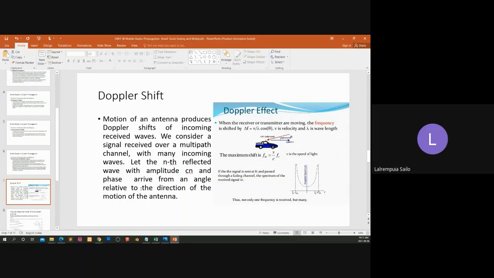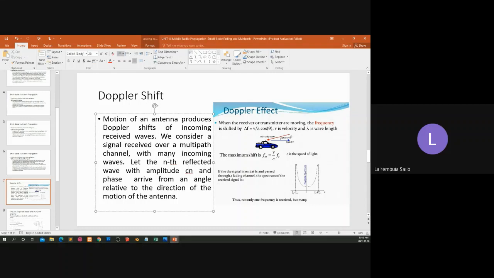The moving antenna receives the n-th wave with amplitude Cn. The n should be a superscript, a power n.